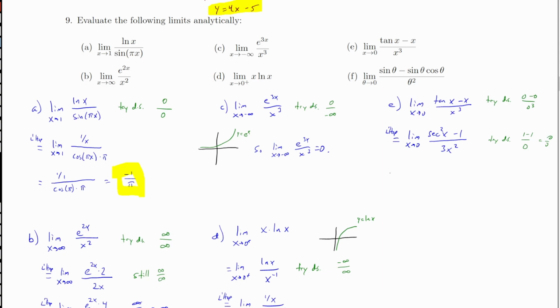Let's do L'Hopital's rule again. Okay, so on the bottom we'll have 6x. The top for secant squared, secant x is the inside function and stuff squared is the outside. So I have 2 times secant x to the power of 1 times the derivative of secant x, and the derivative of secant x is secant x times tangent x.